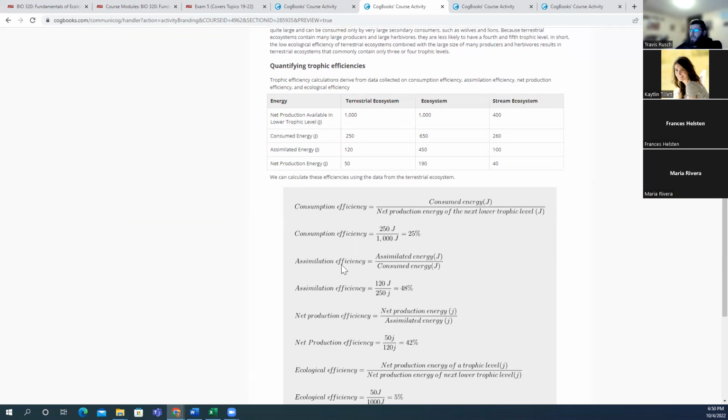You have to know that you calculate the consumption efficiency first, and then you can calculate the assimilation efficiency. So you might have to do a couple steps to get to the answer you're looking for. And if this is part of a short answer, it might ask you to compare and say which of the systems has a greater assimilation efficiency.